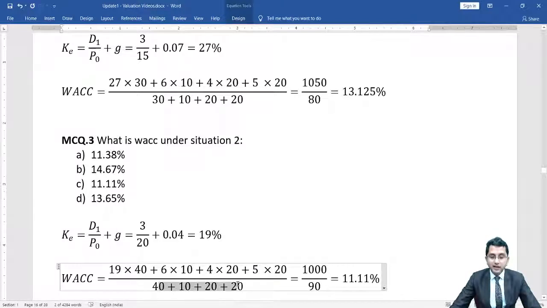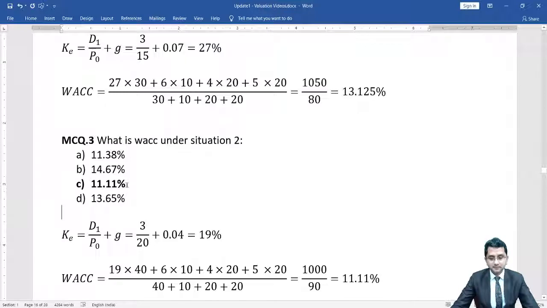Total of weight is not 80 this time, it is 90 lakh. So 1000 divided by 90 gives you 11.11%. Okay.